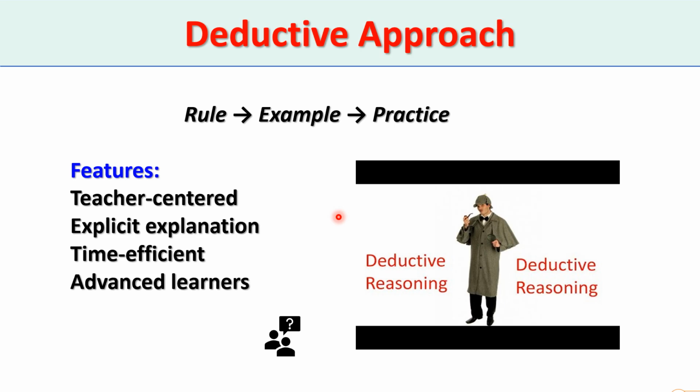And the last, in the deductive approach, maybe the students are good at testing or doing exercises, but maybe they are bad at speaking because they have no chance to practice speaking in class, since they can only listen to the teacher. In short, the deductive approach is fast, but it makes students passive, bored, and they forget what they learn.